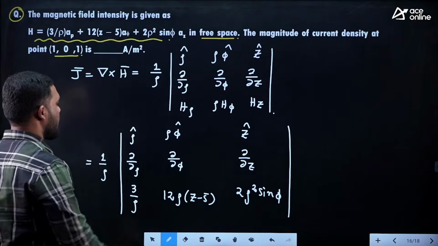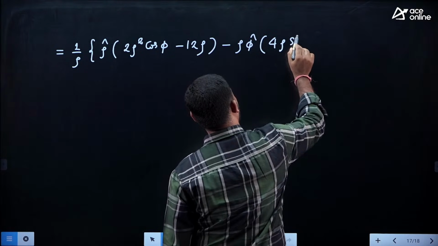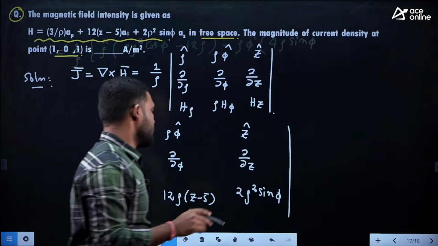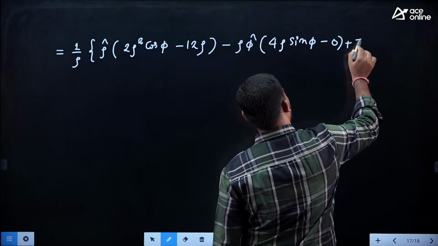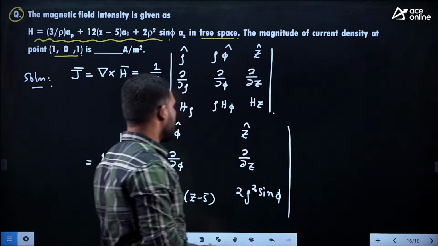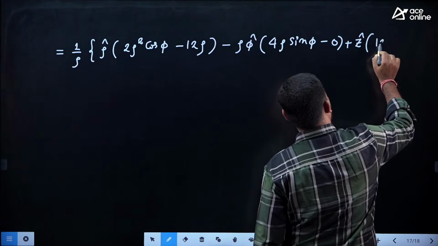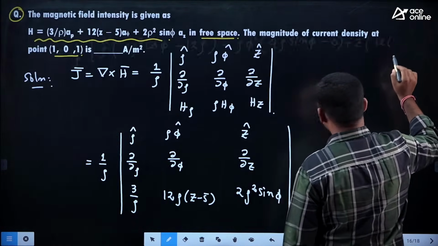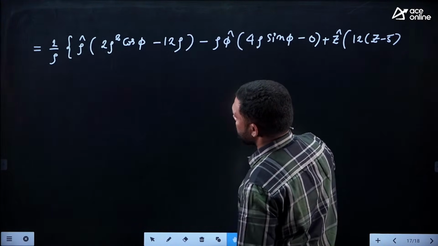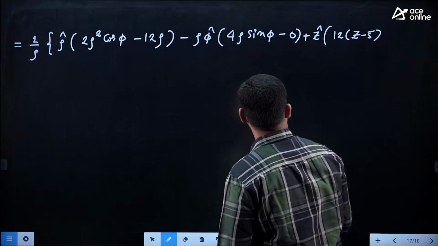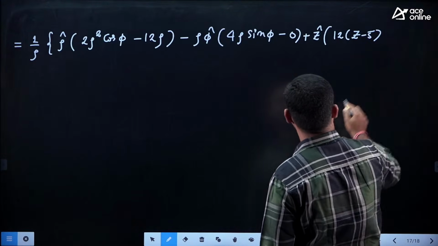Done. This into this minus this into this is, it is 4 rho sin phi. This into this is minus 0, plus z cap into this into this is, it is 12 z minus phi. Minus 0.